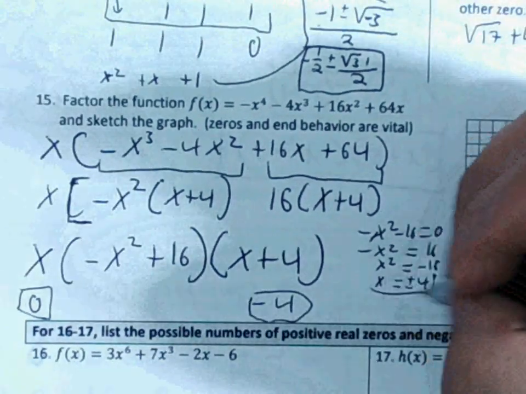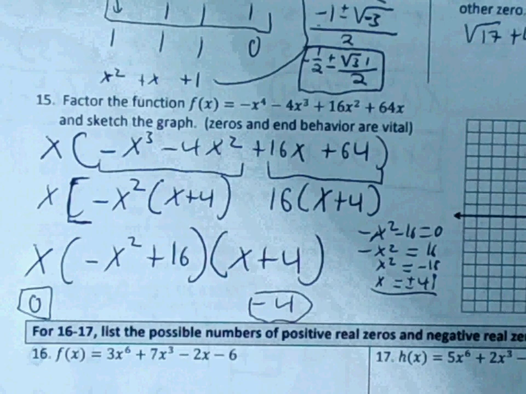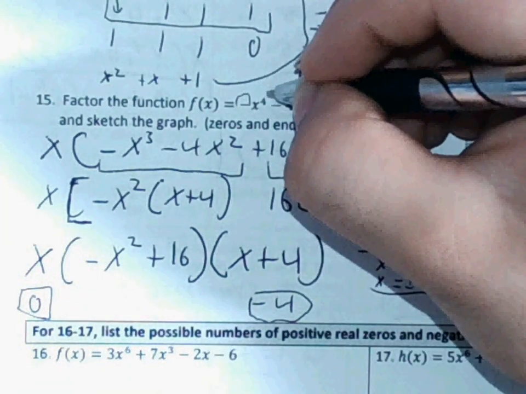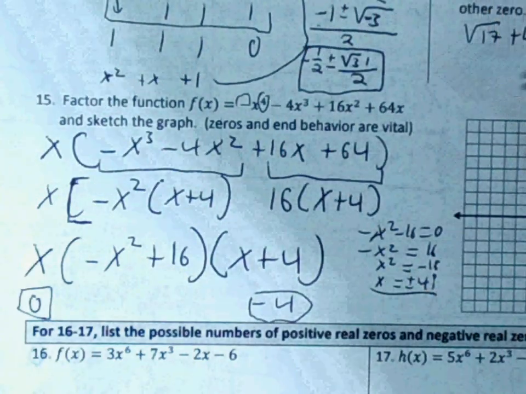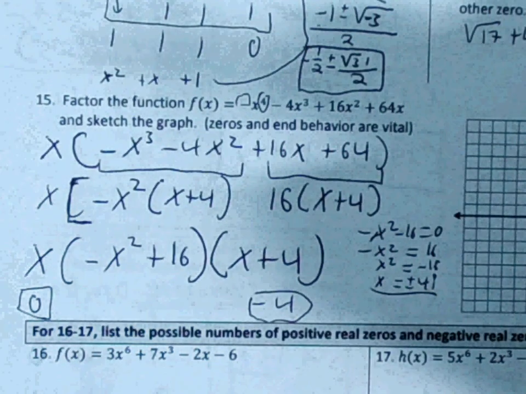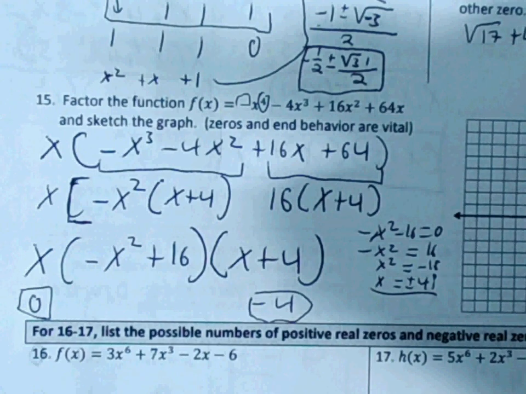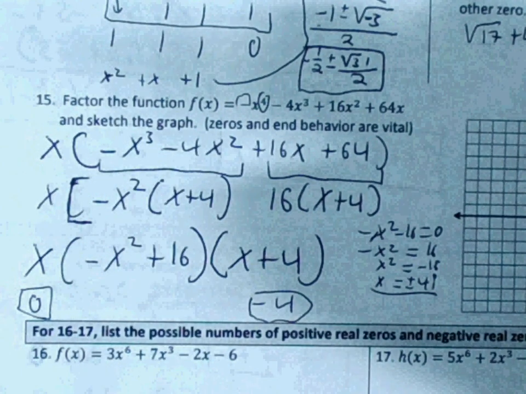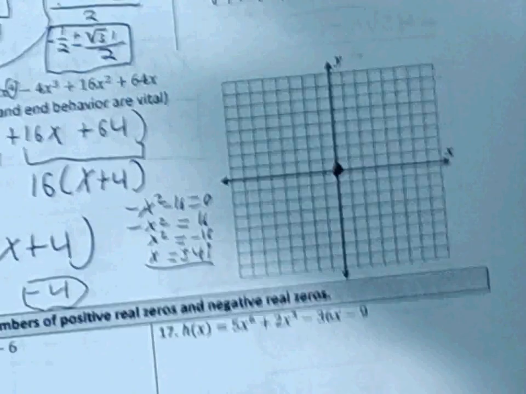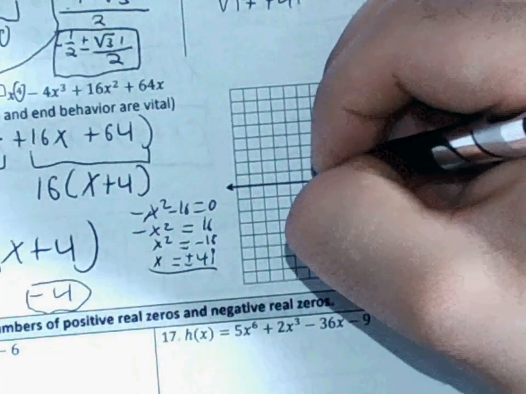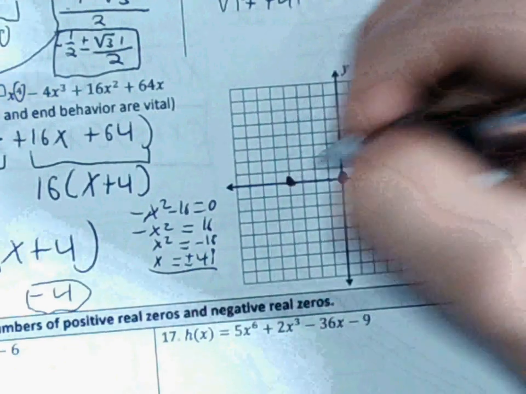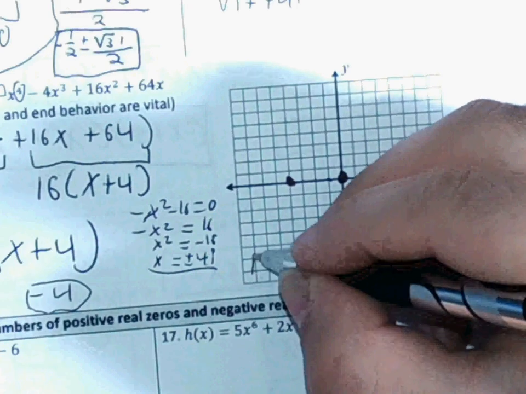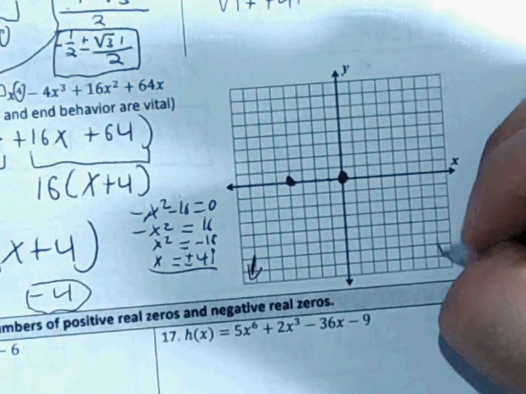So those are imaginary zeros, but our leading coefficient is negative, our degree is even, and we'll have a 0 at 0 and a 0 at negative 4. I know the end behavior is going to be going down on both sides.